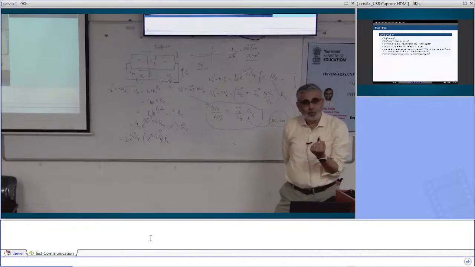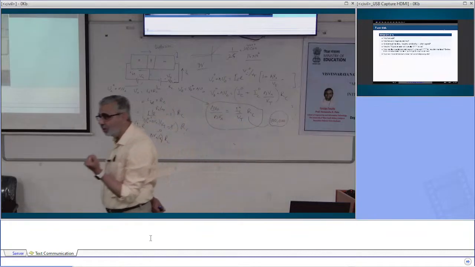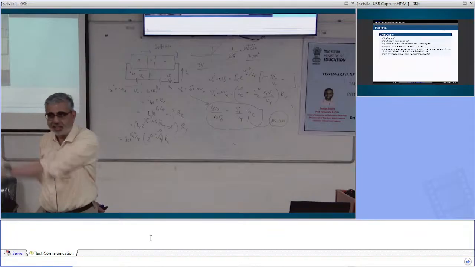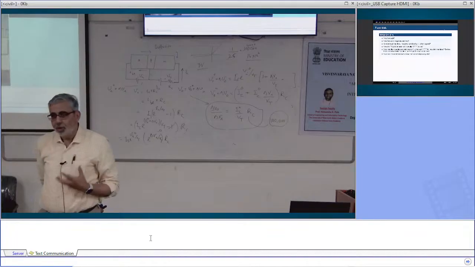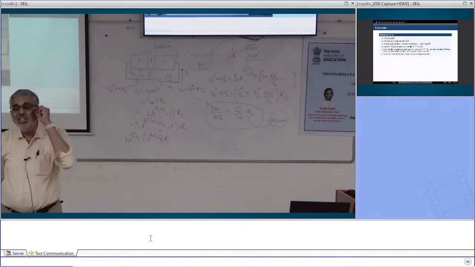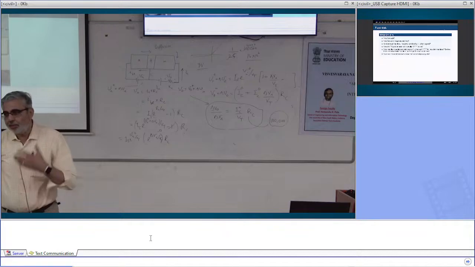In a transformer, where does the output power come from? When you have a transformer, the output power comes from input power. V primary, I primary equals V secondary, I secondary. Okay? So you are not introducing any power, you are just changing the voltage levels. But here, you change voltage levels and inject a huge amount of power. Okay, so that is the basic principle.